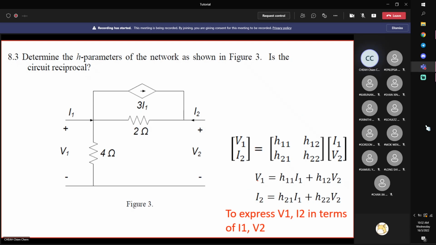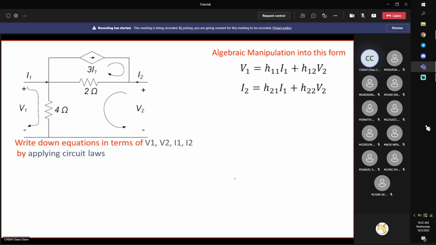I want to express V1, I2 in terms of I1, V2. The rest is to write down equations using these 4 parameters, 4 variables, and then try to rearrange them into this form.